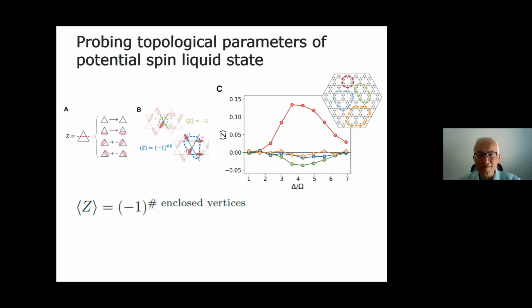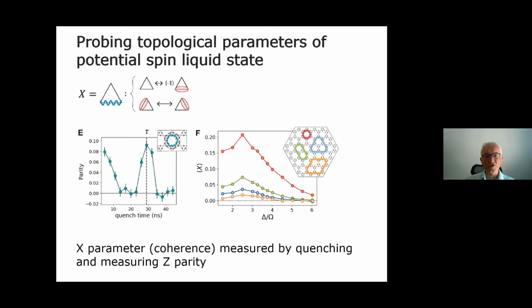And so we can define a parameter that measures how the atoms are oriented along the z-axis to one another, which atom is spin up, which atom is spin down. And we can also, via quench, try to measure an x parameter, which roughly speaking measures the coherence in the system between these loops.